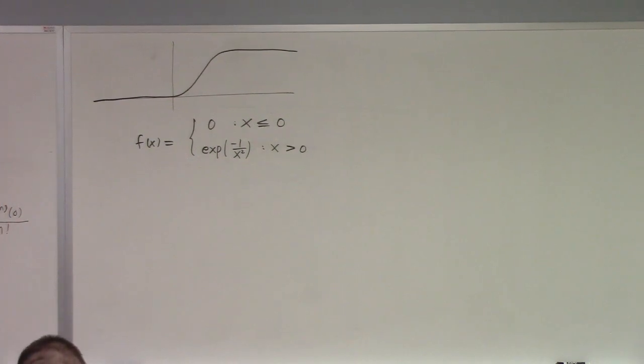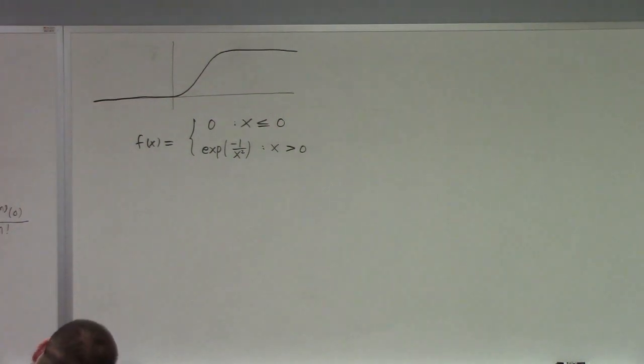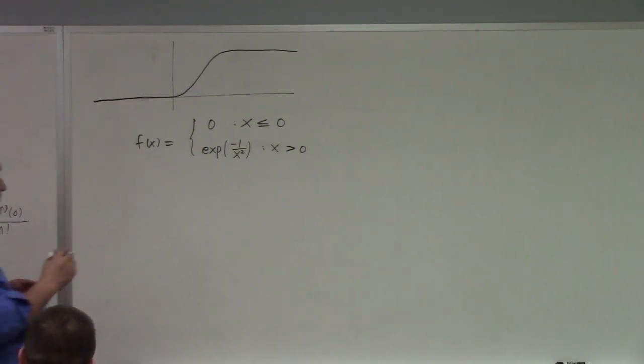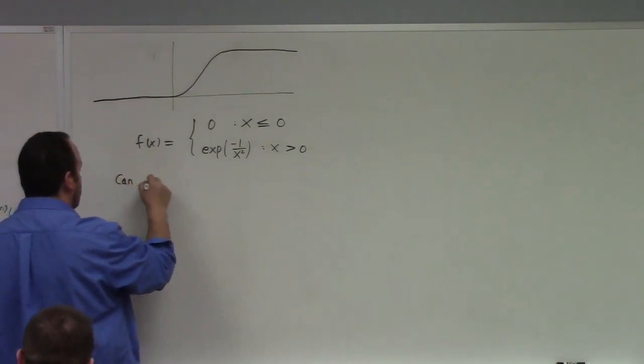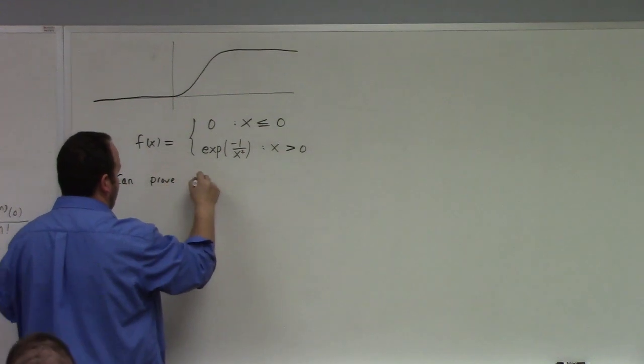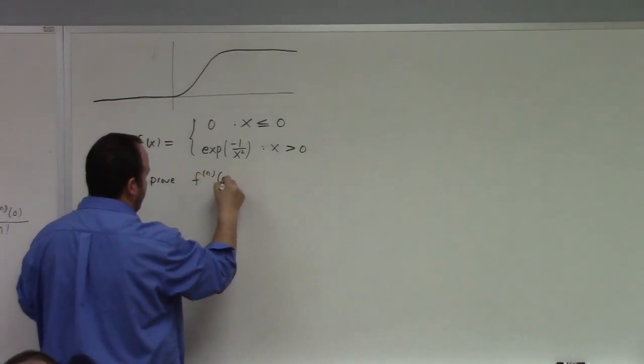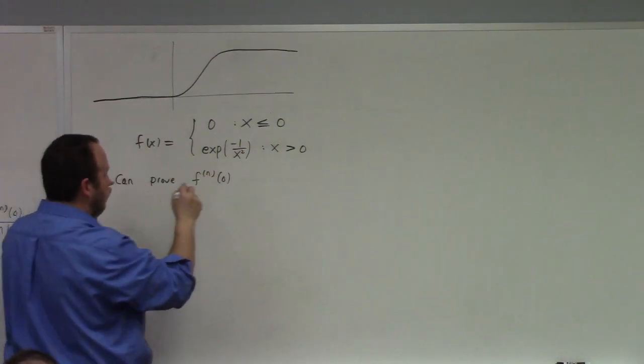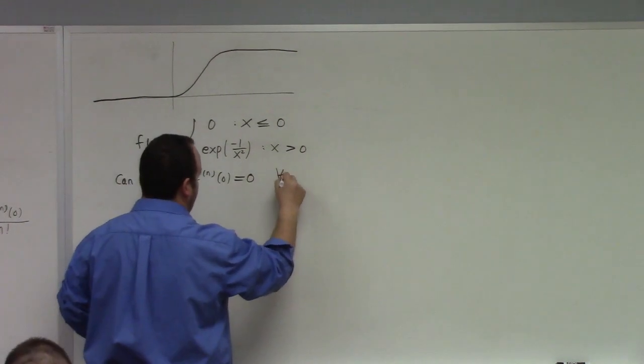If this was a 400 level real analysis class, maybe I'd make you prove that not only is this function continuous at the origin, but in fact its derivatives at 0 exist to arbitrary order. You can show that the nth derivative at 0 for this function, so defined, is equal to 0 for all n.